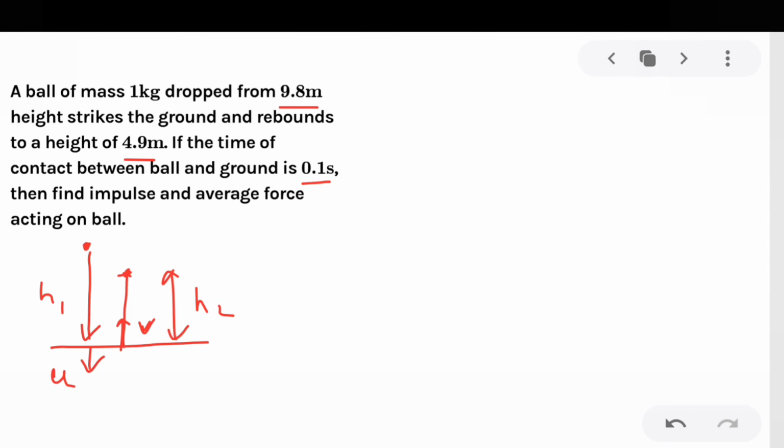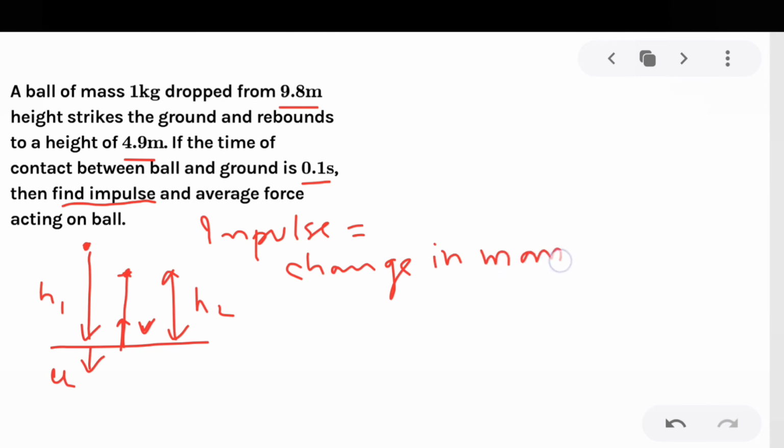Now we are asked to find the impulse. First find the impulse. Now basically, impulse is change in momentum. Impulse is equal to change in momentum, that is final momentum minus initial momentum.